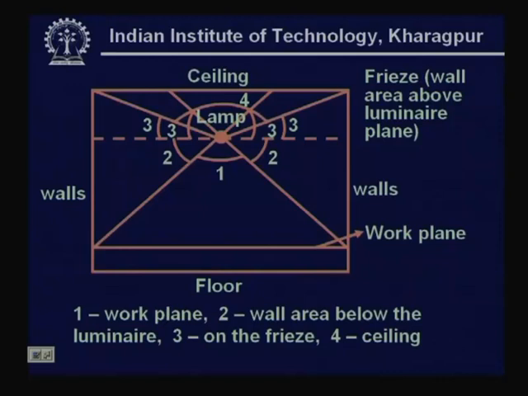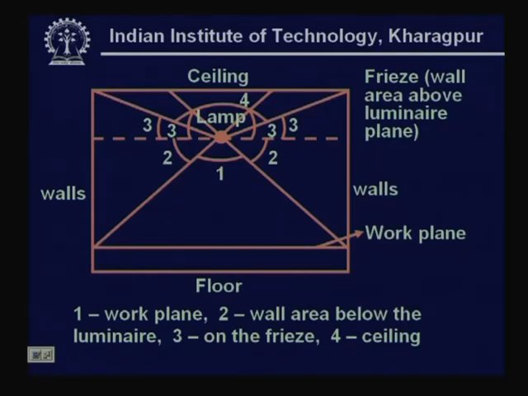Now look at this. Apart from this, the maintenance factor and utilization factor come, for an interior lighting, based on the reflectances which are involved. Here is a picture which shows a lamp located at a certain height from the ceiling, and imagine a simple incandescent lamp.